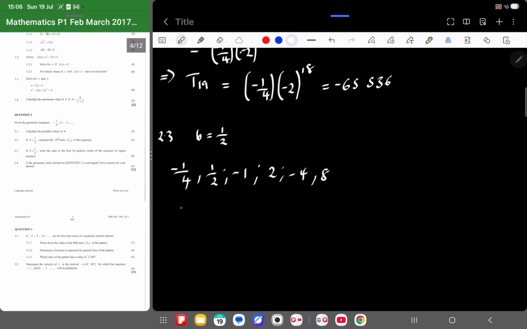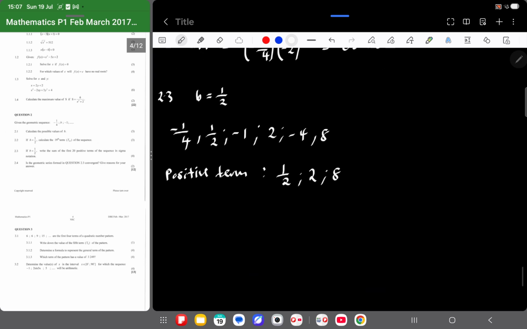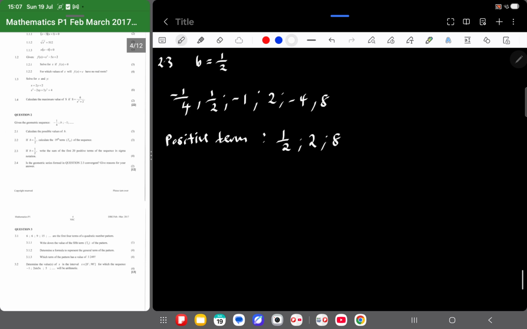So the positive terms will be 1/2 followed by 2 followed by 8. From here we can see that it's also a geometric progression. Let's determine the value of r. r will be equal to 8 over 2, which is equal to +4.